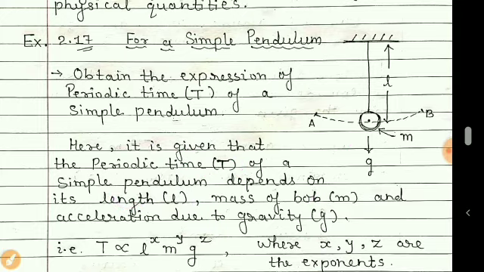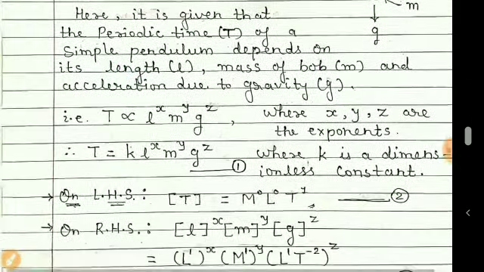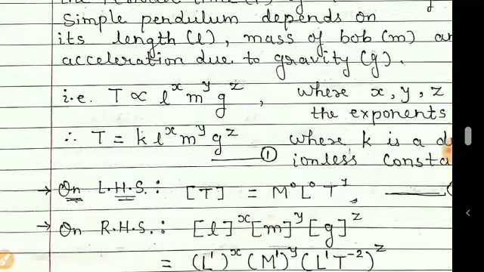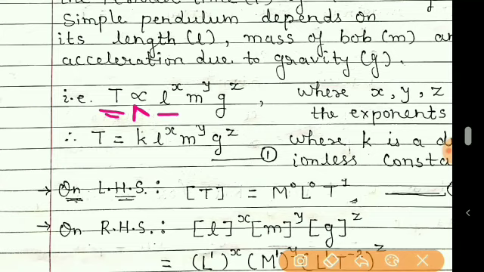And so as it depends on these three physical quantities, we can write that T is proportional to L into M into g, but we don't know their exponents, their powers are not known to us. So here we have taken x for L, y for M, and z for g.